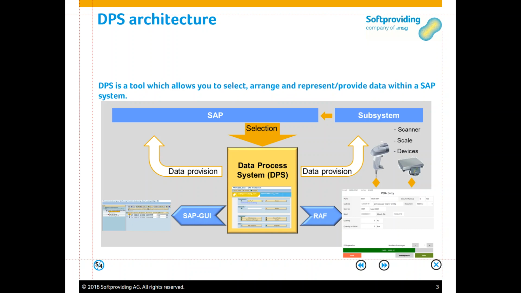RAF is a Remote Application Framework system. It's a tool also developed by Software Writing, which allows you to make touchscreen applications for the shop floor and directly access scales, scanners, other devices, RFID scanners, etc. So this is the main part which I will show you today, and we will go directly into the demo.